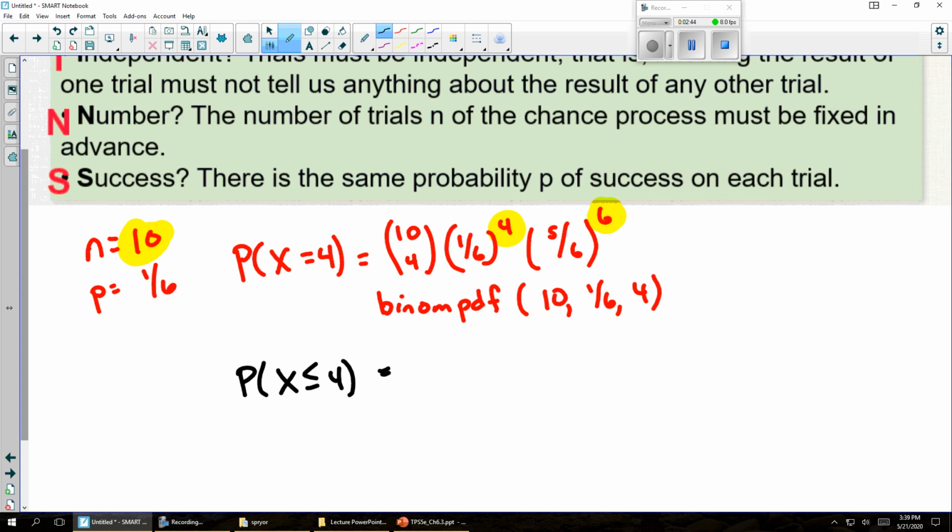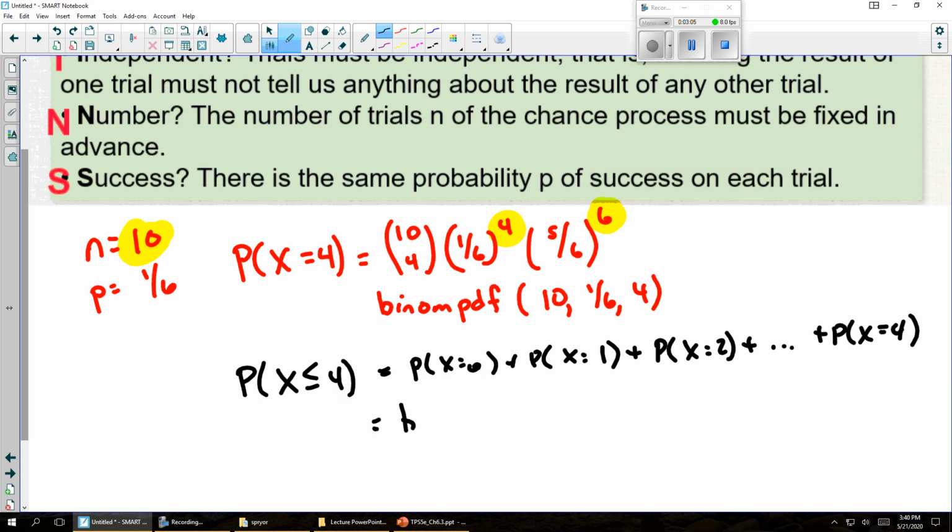So it's 10 choose 4, and so on, plus 10 choose 3, plus 10 choose 2, plus 10 choose 1, because this is really just the probability I get no wins, plus the probability I get 1 win, or 1 three, plus the probability it happens twice, up to what I found on that first part. And this would be more easily done with the binom CDF function, and the same idea here. And that would just give you a cumulative answer. So this is kind of an overview.